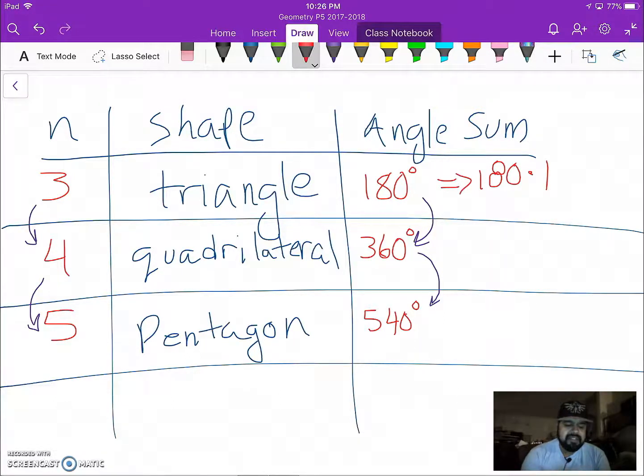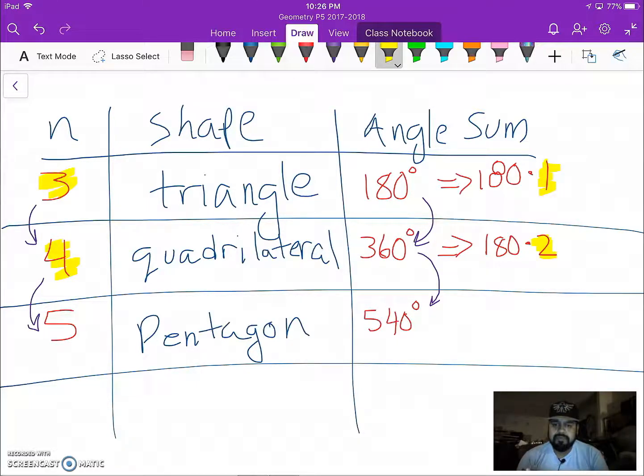Okay, nothing fancy there. Nothing fancy at all. But notice that this will extend and hold true if I take away 2 from 4, and that's the same as 180 times 2. So again, take away 2 from the number of sides, and then you multiply by 180.